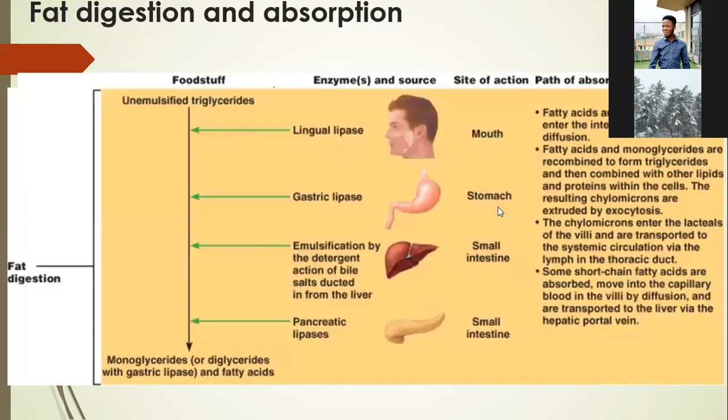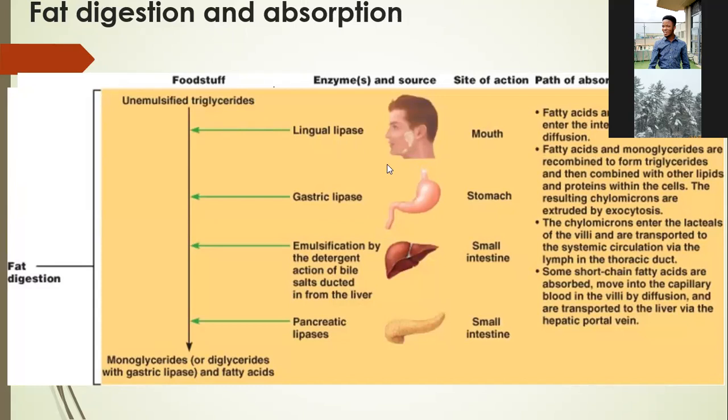Now, the next one will be targeting digestion of lipids. With lipids, we can have minimal digestion by the lingual lipase, which will be found within the saliva, within the mouth. However, most of it will be swallowed.